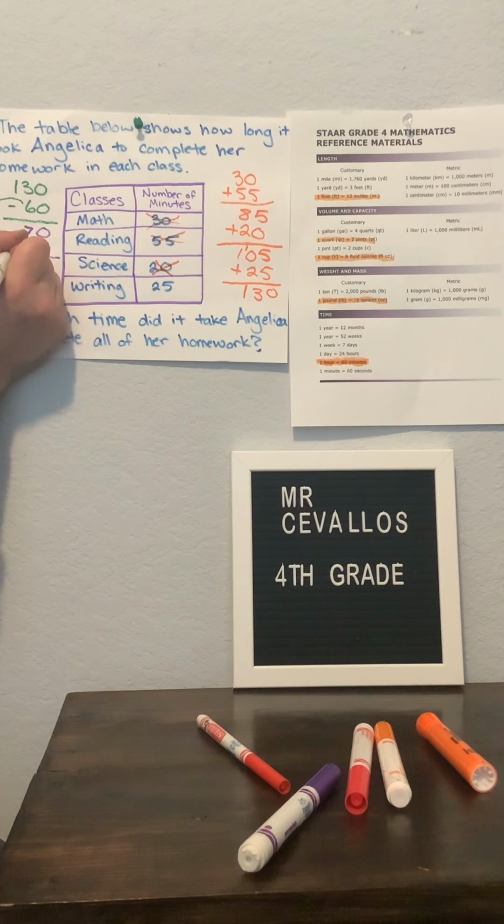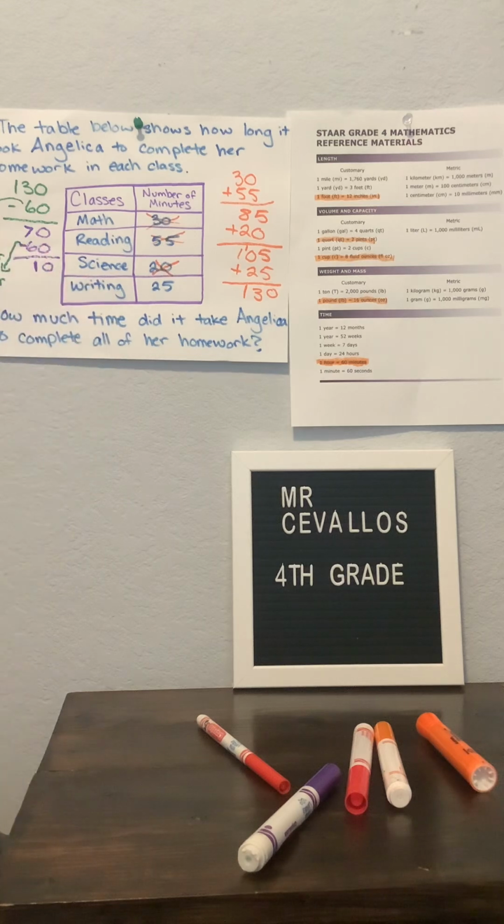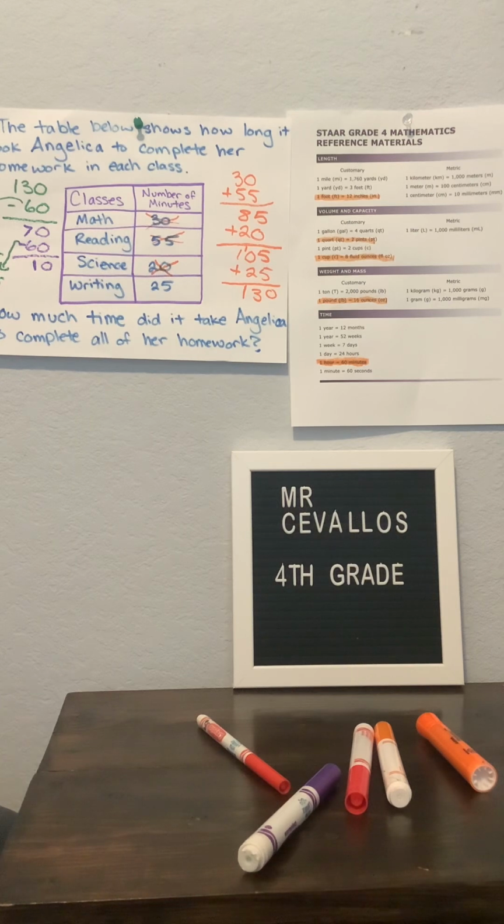I'm going to pull it down again because now I have another hour. Well, how many minutes do I have left? 10. How many hours was I able to decompose or take away from my 130 minutes? Well, here's 1 and here's 2.